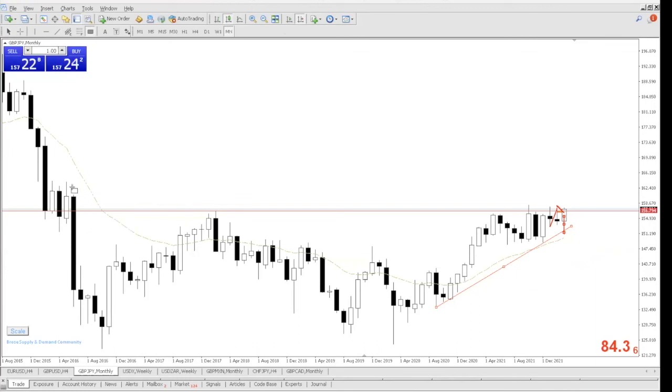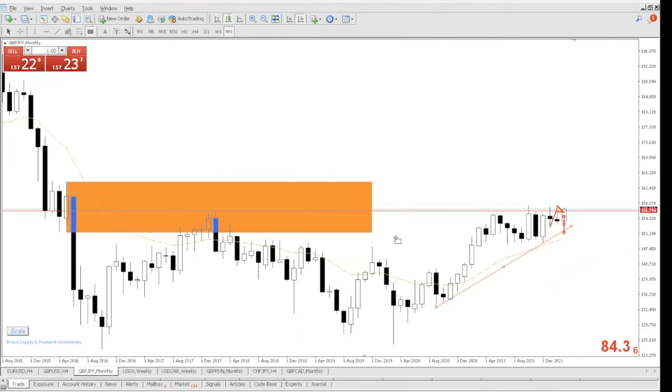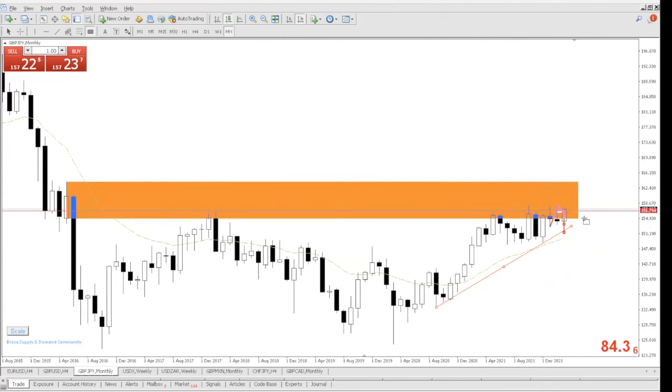Okay, it tested this area 3 times. Let me show you. Okay. So this area is actually the one that's been controlling pound JPY for months. Like first month it touched, went down, second month, second time again, third time again, and fourth time again.